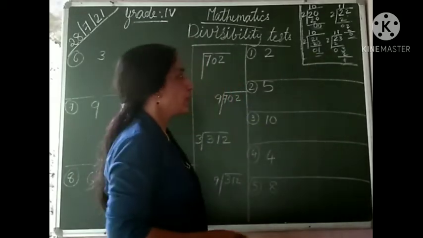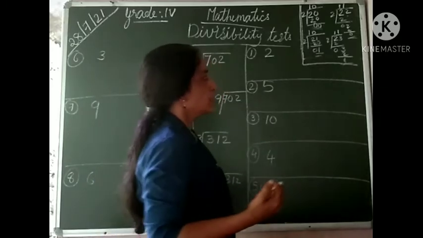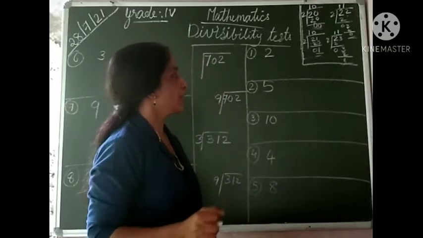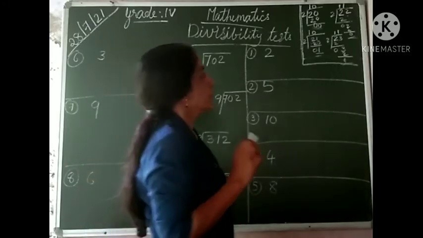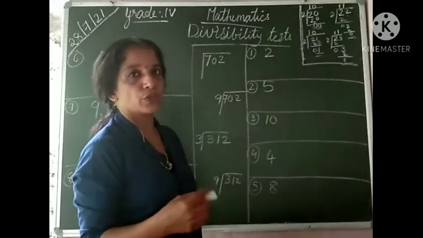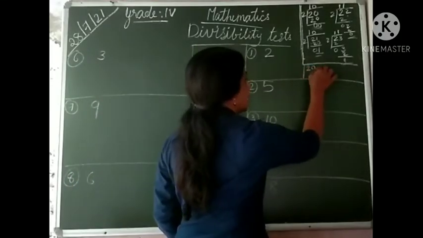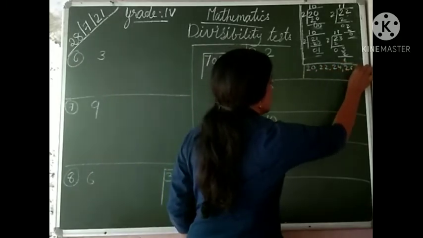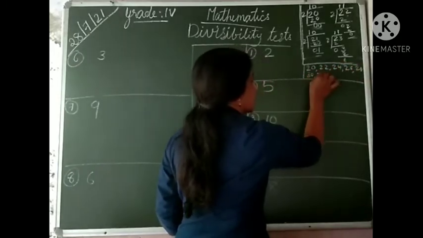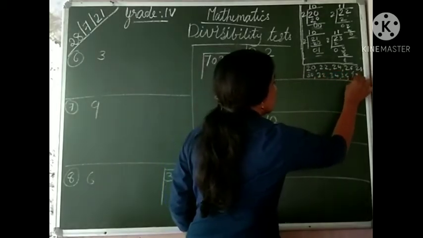Look, therefore 21, 23, 25, 27, all these numbers we can't divide by 2. Which are divisible by 2? 20, 22, 24, 26, etc. Look here, 20, 22, 24, 26, 28, 30, 32, 34, 36, 38, 40.